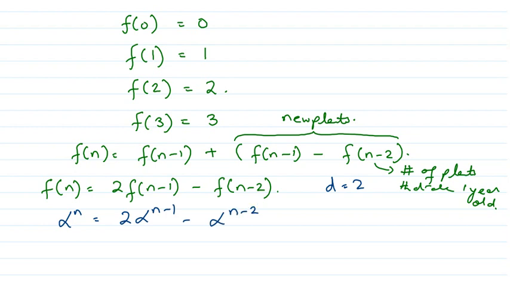With d equals 2, this is alpha square equals 2 alpha minus alpha power 2 minus 2, that is alpha power 0, so 1. So the characteristic equation at hand is alpha square minus 2 alpha plus 1 equals 0.